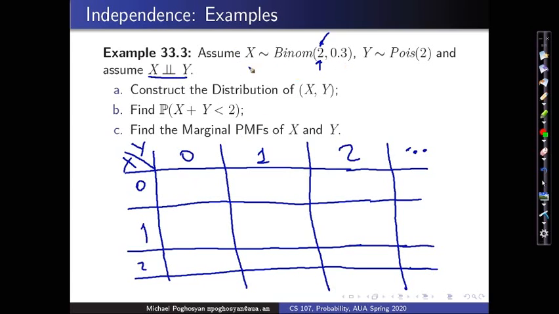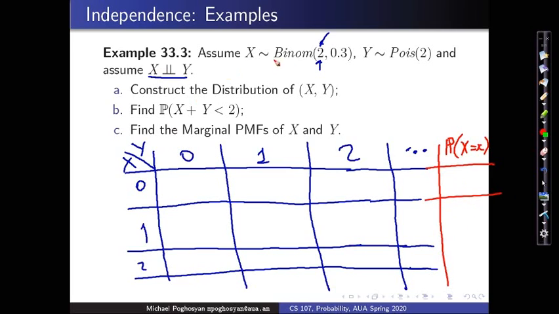First let me add the marginal distribution to this table, in red maybe. The probability that X is equal to that particular value x, say.